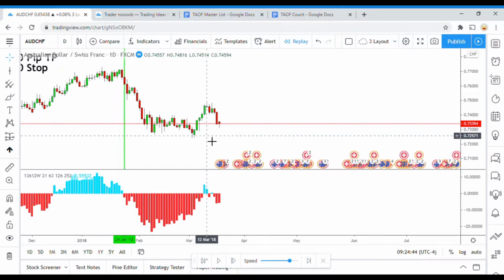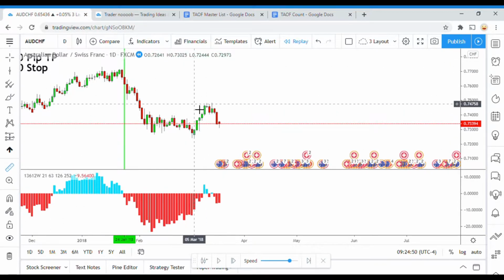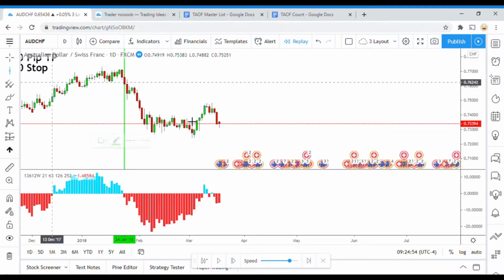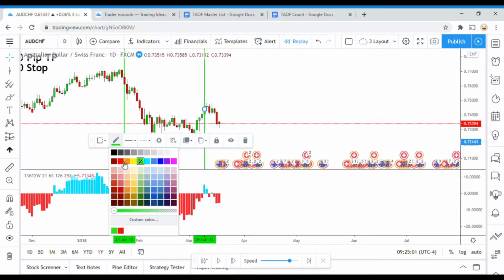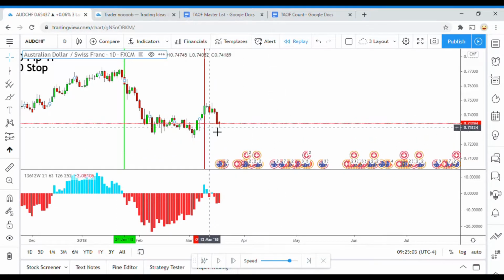Oop, we got our second signal right here. I don't believe this one would have been a winner. Nope. That one unfortunately would have been a losing trade. There. Then it gave us a short signal here.